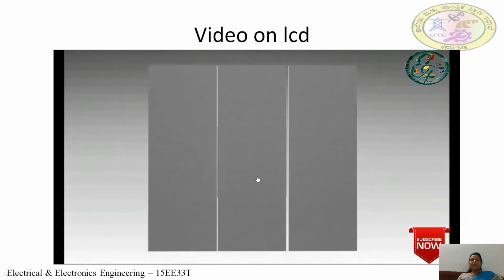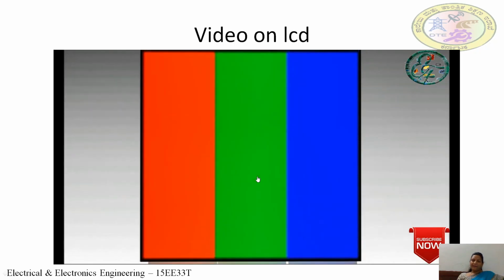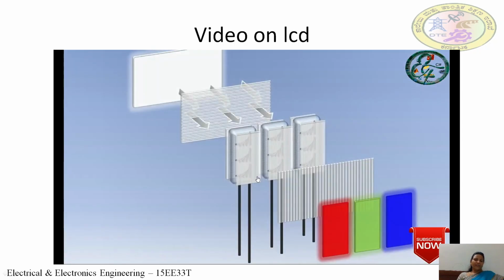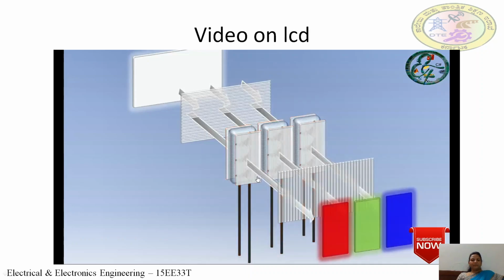When you introduce a color filter to the individual cells, you can obtain colored images on the display, whose intensity can be varied by the application of variable electric potential. So I hope this concept is very clear to you all now.